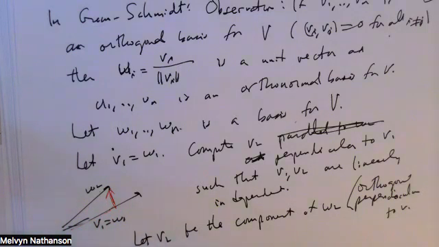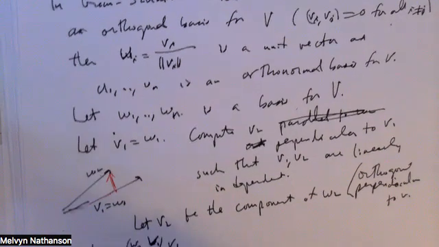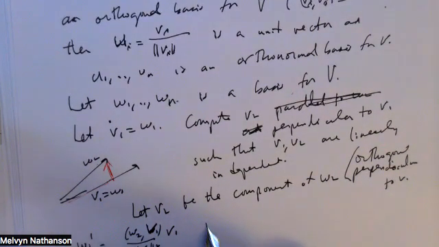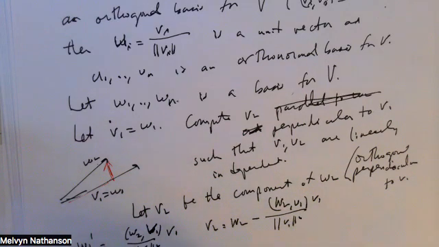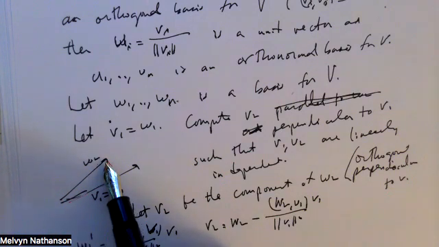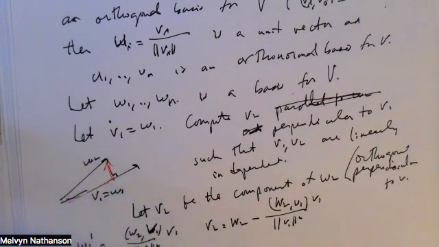That's the component of W2, I call that prime, parallel to V1, and let V2 be equal to W2 minus this. That's exactly what we constructed as the component of W2 perpendicular to V1.